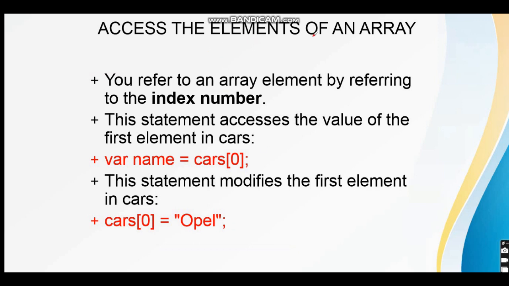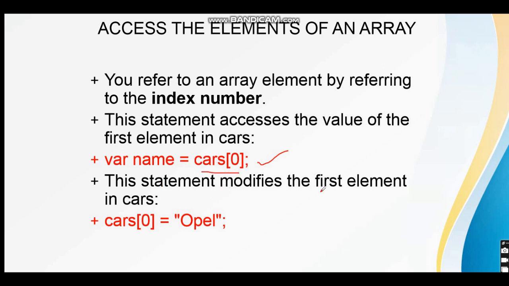Next, access the elements of an array. You refer to an array element by referring to the index number. This statement accesses the value of the first element in cars. Okay, so here it is accessing the first element in the cars object or the variable cars. Okay, first element.